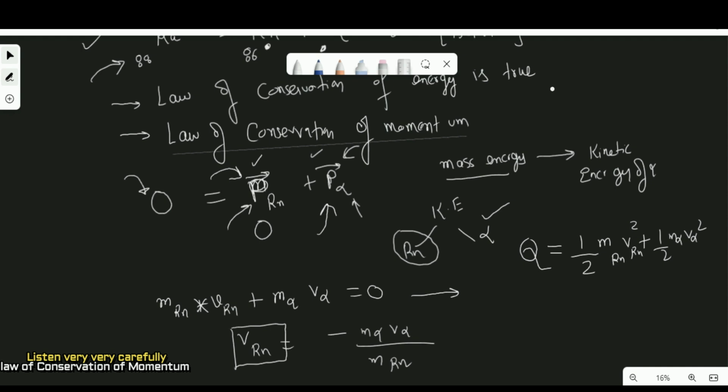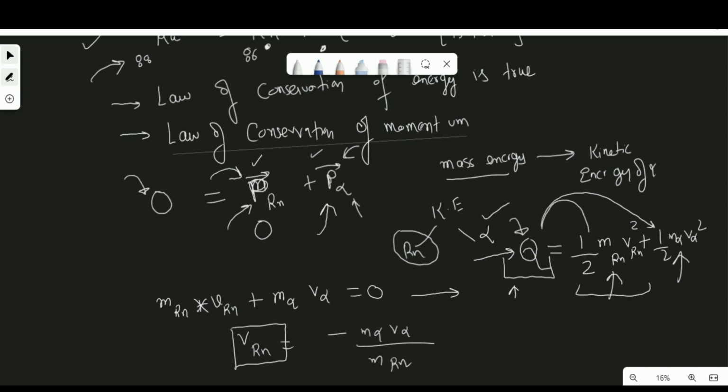The Q energy which got created has got converted and split between the kinetic energy of Rn and the kinetic energy of the alpha particle. So we are referring to the daughter nuclei and the alpha particle, which is the alpha decay. You can calculate Q, which we will do shortly with the help of the various formulas and concepts we have learned so far. The energy getting released is getting consumed by way of kinetic energy.